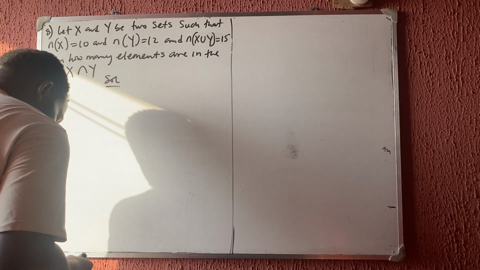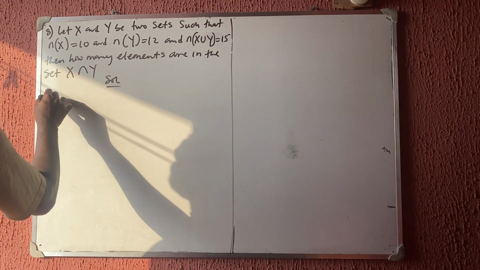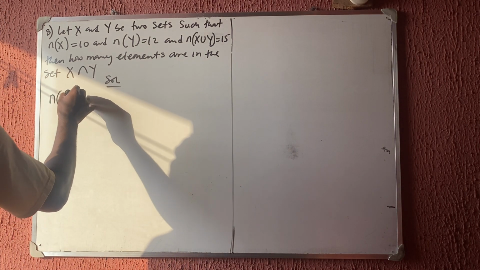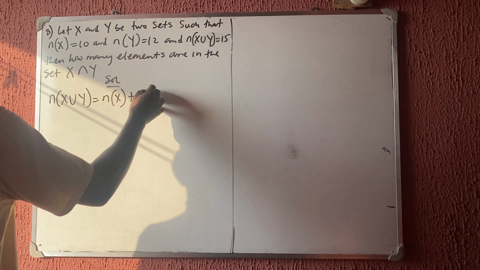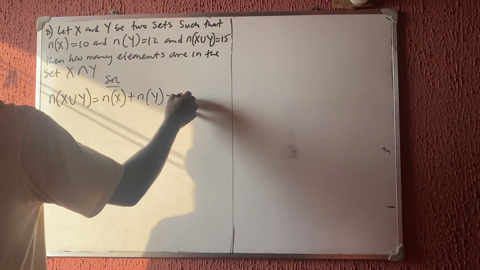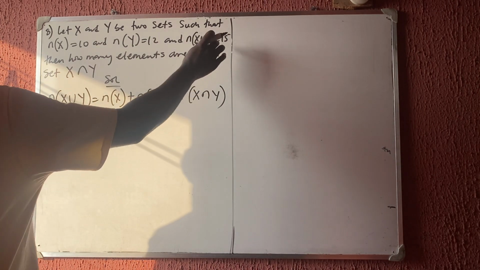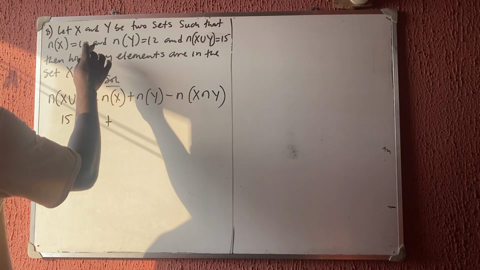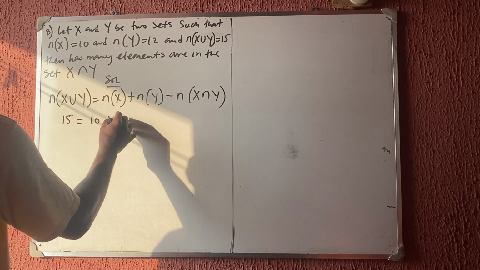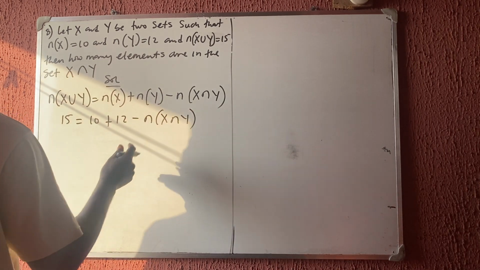The same thing we just did in the first question. You should know that the number of x union y is equal to the number of only x plus the number of only y, then minus the number of x intersection y. So if you now put everybody, 15 is equal to 10 plus 12, then minus x intersection y, which is what I'm looking for.